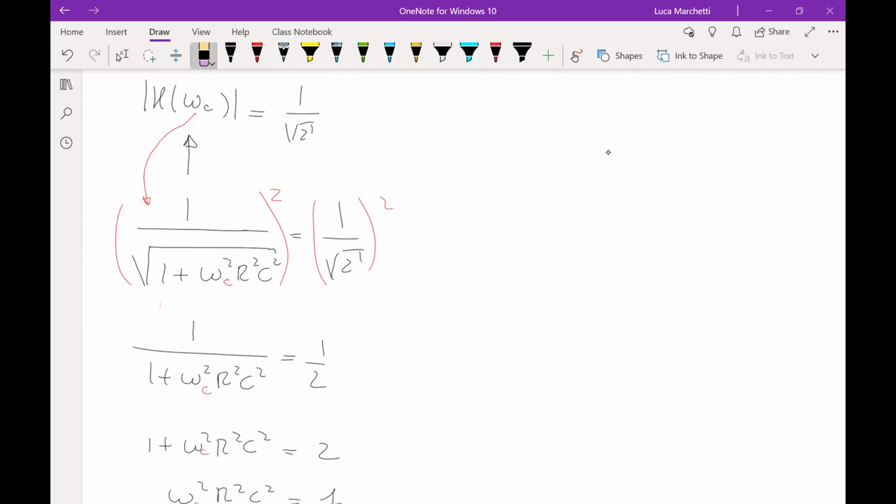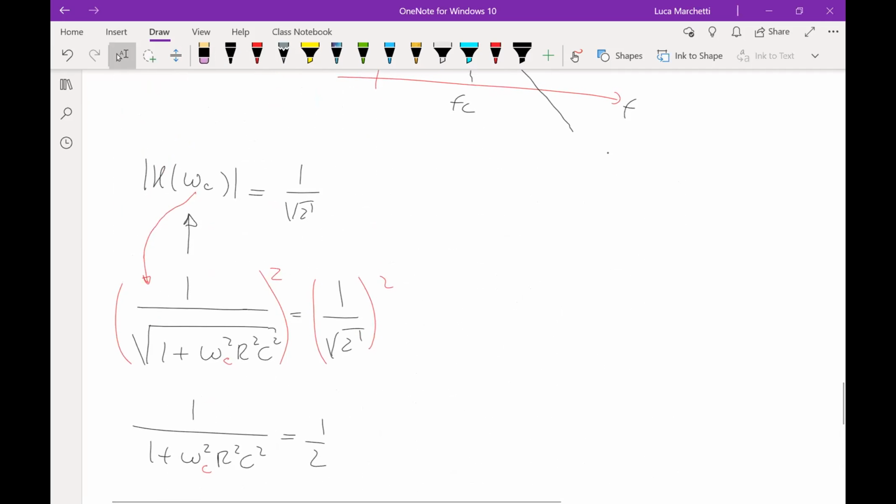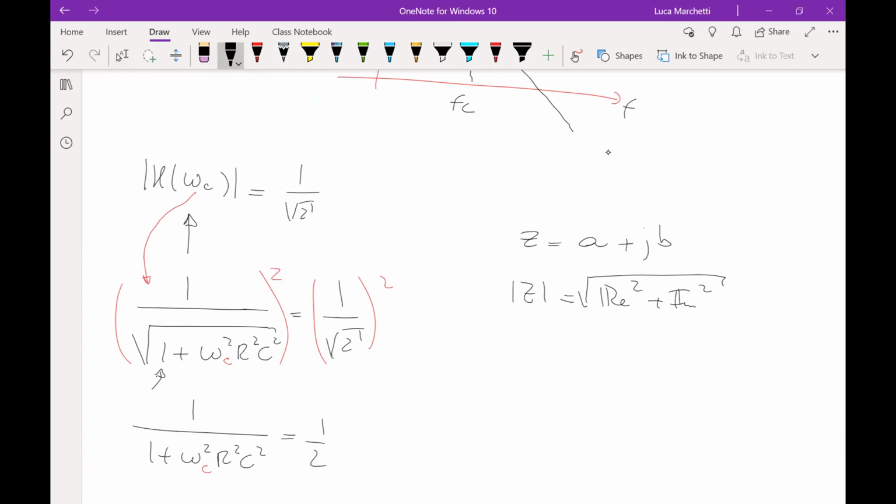Okay, maybe I got what you meant. Maybe you meant this one here. This is just to remind everyone that when you have a complex number a plus jb, and you find the magnitude of the complex number, you do real part squared plus imaginary part squared, everything under the square root. So you have the square root of a squared plus b squared, right?